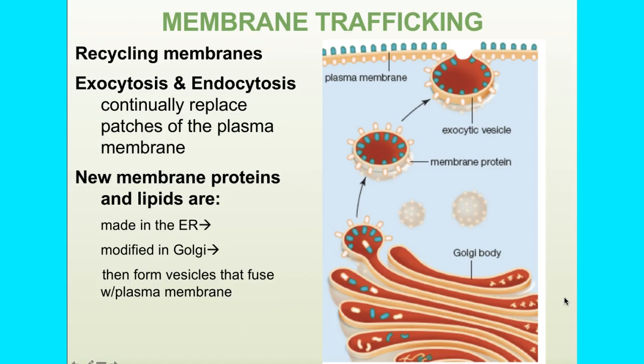New membrane proteins and lipids are made in the endoplasmic reticulum. Then they're transferred and modified in the Golgi apparatus, which is our post office. Remember, it's going to receive, modify, and then send off. So it's going to modify these in the Golgi apparatus, and finally they're going to form vesicles that fuse with the plasma membrane and are removed from the cell itself.